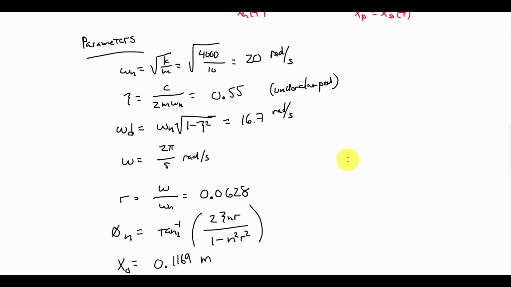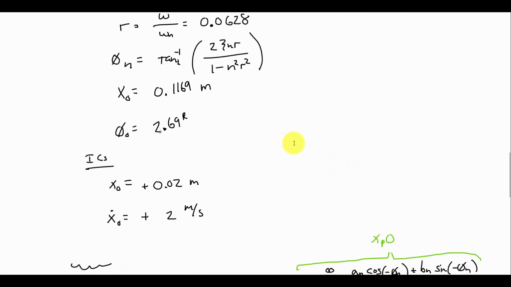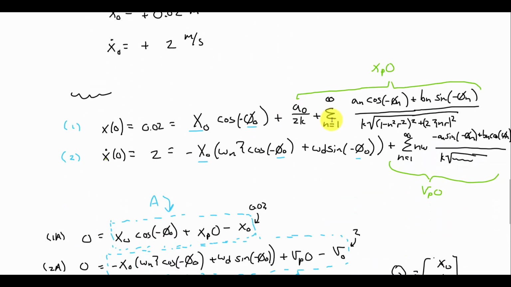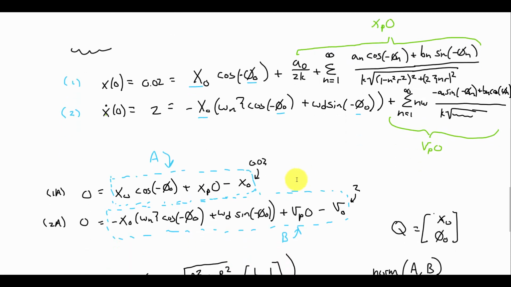Then using our initial conditions that were provided to us, we, in a kind of roundabout way, found the big X naught and phi naught that we needed for our total solution by applying these initial conditions. So we had to solve these two nonlinear equations simultaneously for X naught and phi naught.